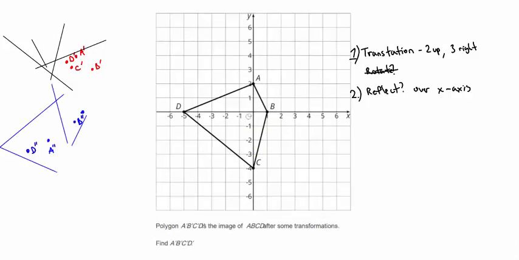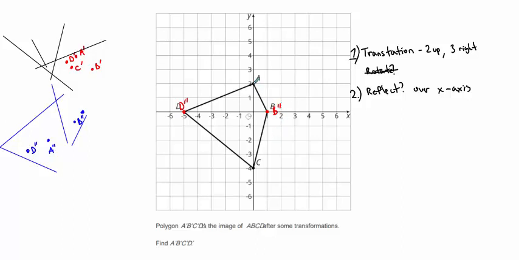Okay, so let's do the reflection first and then the translation and see if that makes a difference on where we end up. So we're going to reflect over the x-axis first. So D is going to stay in the same spot. So that's now going to be D prime prime. B is going to stay in the same spot.